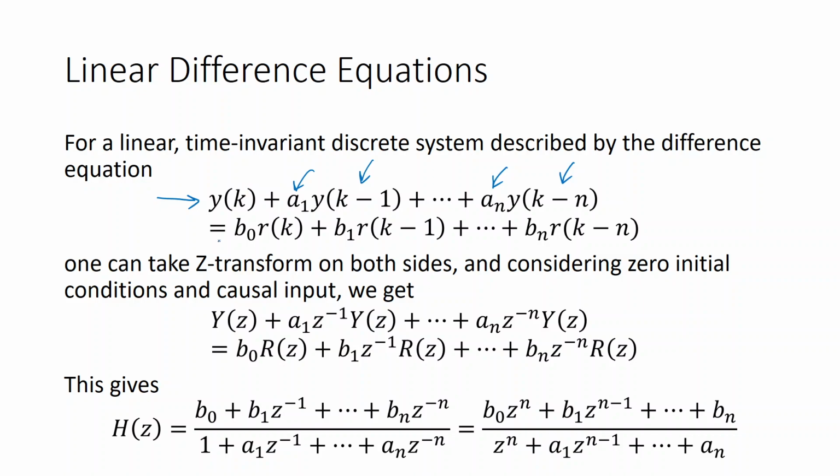And now you can take a Z transform on both sides, considering zero initial conditions and remembering the property that the Z transform of y(k minus 1) is basically z to the power of minus 1 Y(z), and similarly for all these delays. So you get this particular equation, and from this equation it is very easy to find out the Z transfer function or the pulse transfer function for this difference equation.